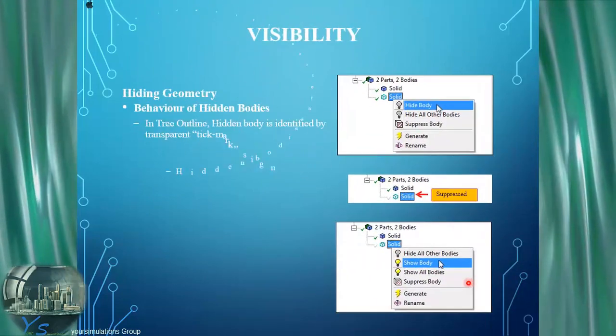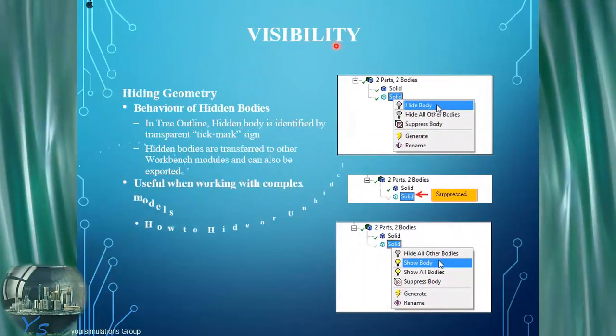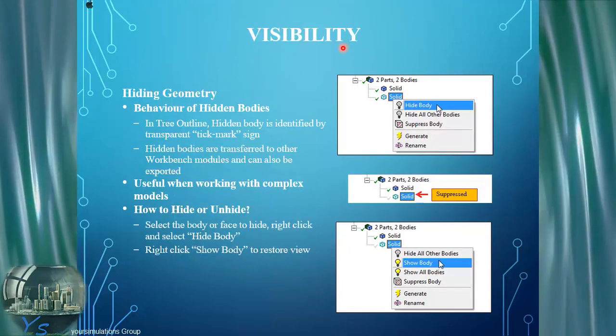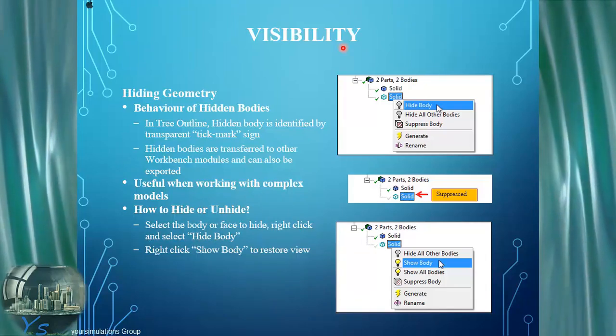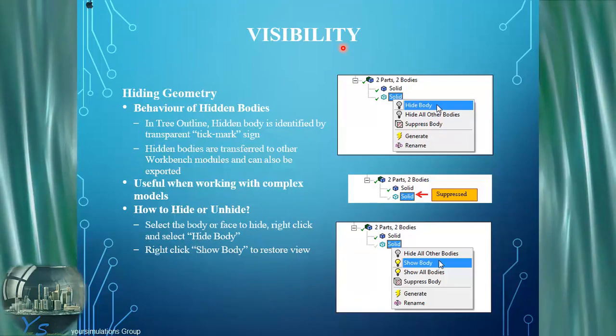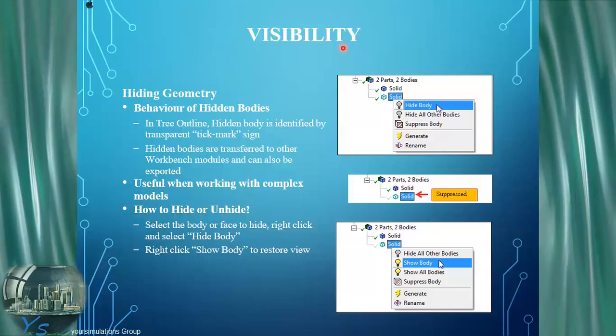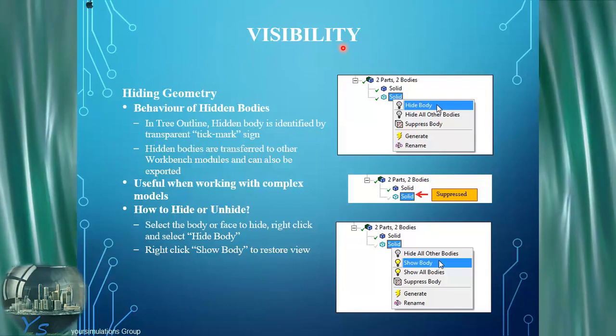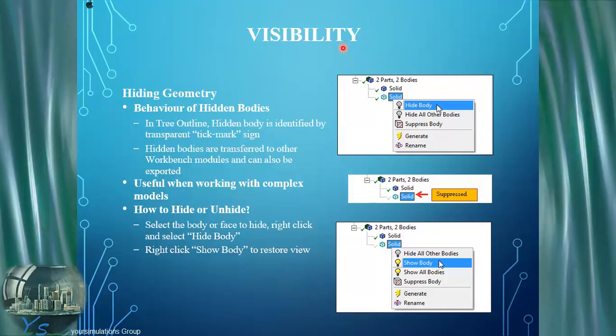Another option is visibility, and this is not to be confused with suppression. Suppression will not only hide the geometry but also ignore it from the remainder of the calculation. Visibility will only hide it, but the geometry will still be used for the remainder of the simulation.